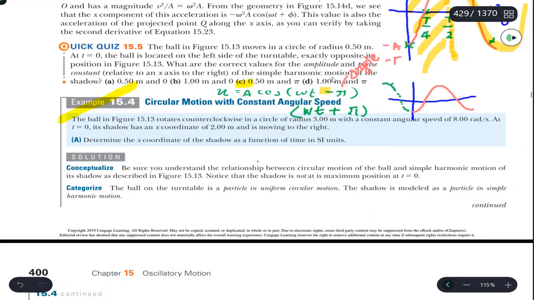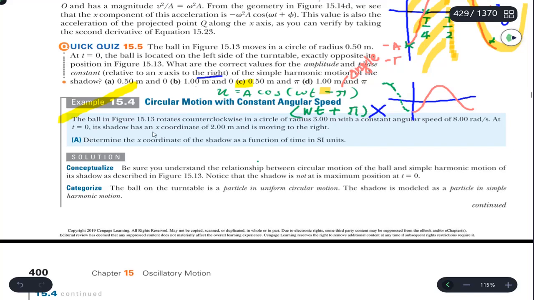Now that we have seen that the value of phase constant is pi, we are now going to look at example 15.4 and substitute into the expression, where in that expression we will find that we are not choosing plus pi. Okay, for what reason? Because of the movement, in this case it's to the right.